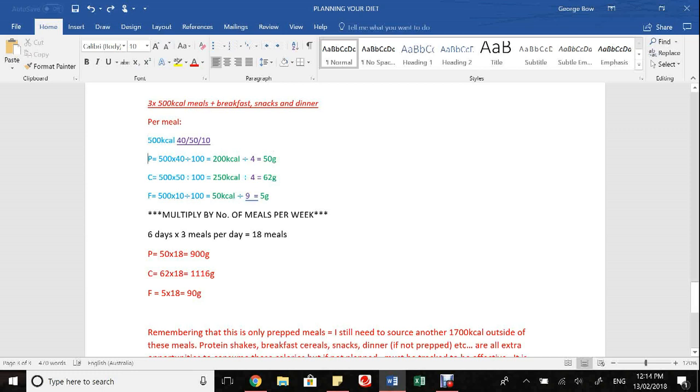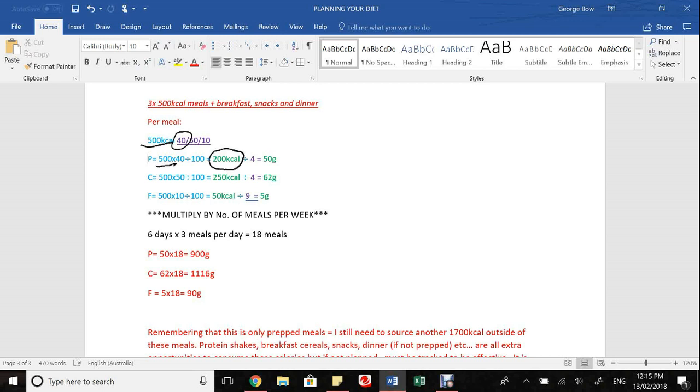And moving on from that, this is the way to calculate how many grams we will be needing or having per meal. So each meal is going to be 500 calories. To work out how much protein in grams I will need to do my shopping and whatever, I need to first take my calories and times that by the percentage of that macronutrient.